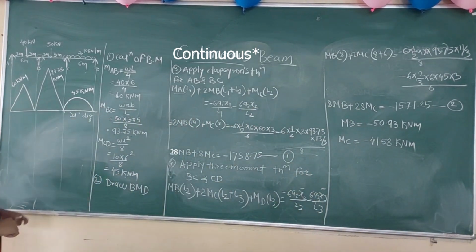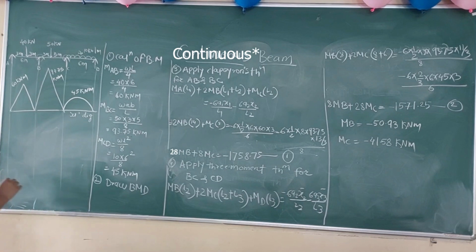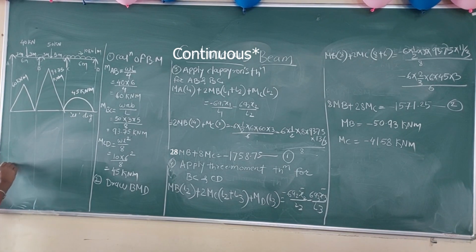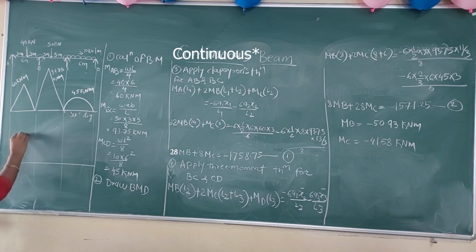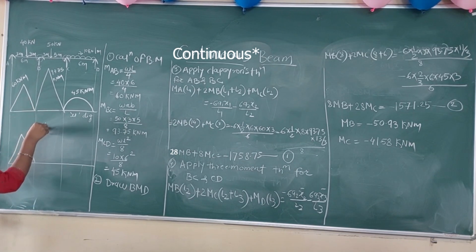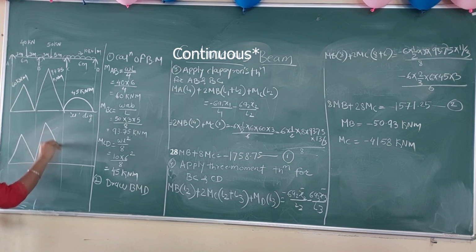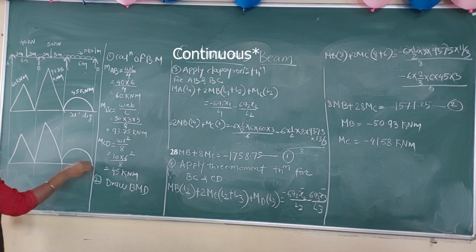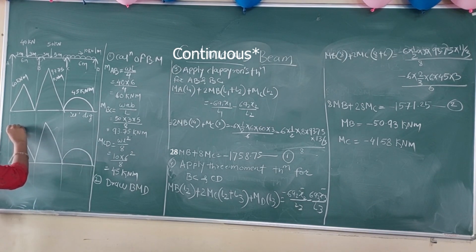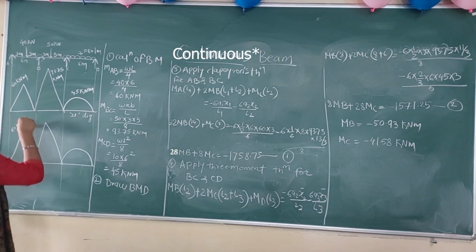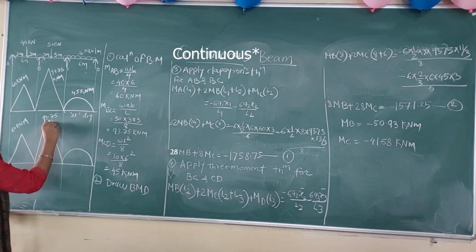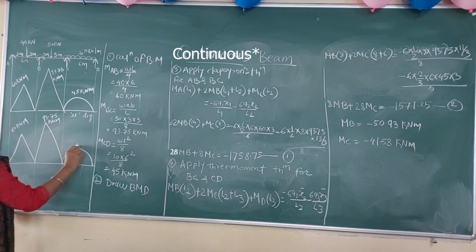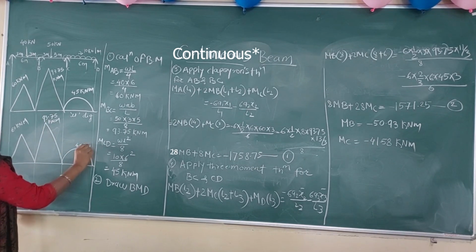So let's draw the net BMD. This is 60 kilonewton meter, this is 93.75 kilonewton meter and this is 45 kilonewton meter.